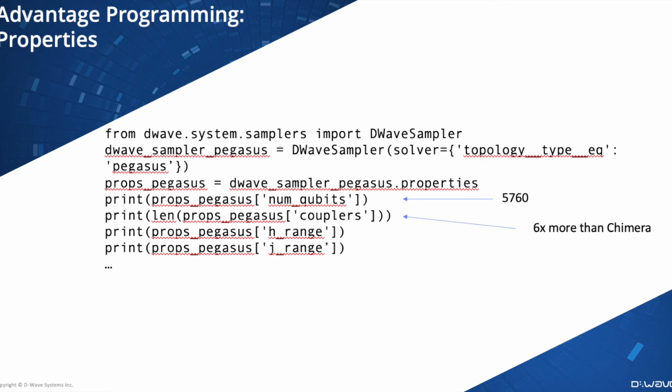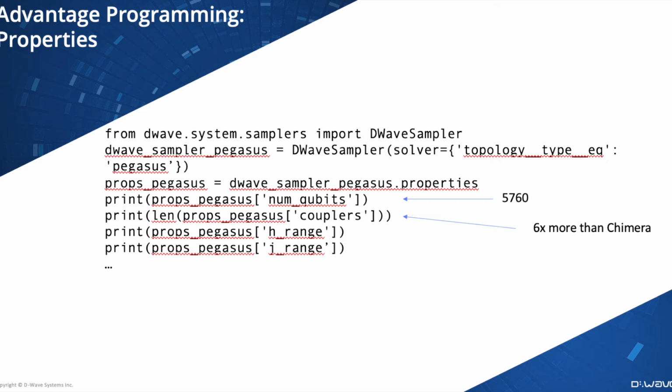And this has been possible with Chimera as well, but for your reference, I want to show you that you can get the properties of the particular chip. In this case, what we've done is we've set up the sampler as Pegasus, and then in the third line, we've asked for the properties of the Pegasus sampler, and then we're just printing some of them out in the lines after that.